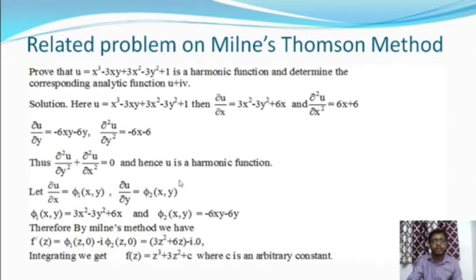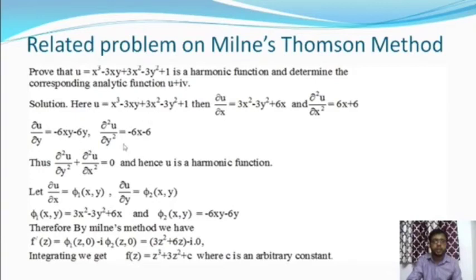And a similar thing happens when v is analytic and satisfies the Cauchy-Riemann equation. Then from this we find f of z without finding u. This is the Cauchy-Riemann Milne-Thomson method.